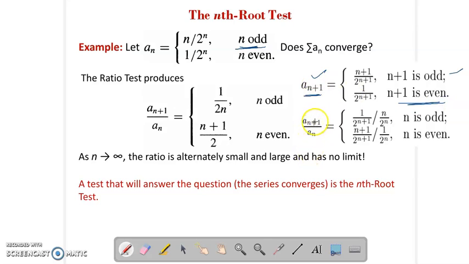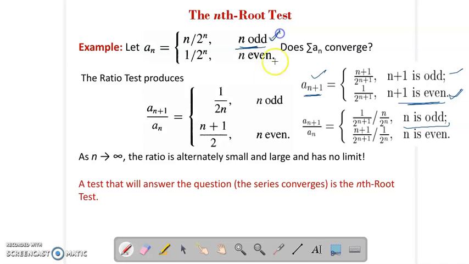Now when you find out the ratio an plus 1 by an, first case we consider when n is odd. When n is odd and you find an plus 1, so you have to take n plus 1 as even. So an plus 1 comes from here, and when n is odd, an comes from here.